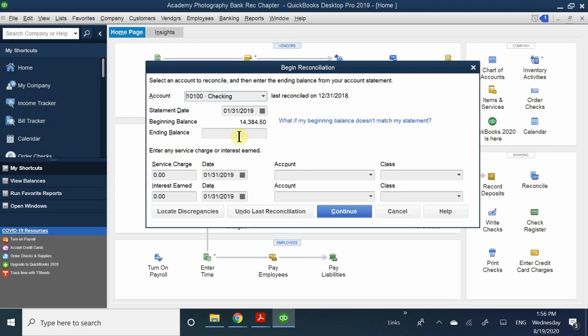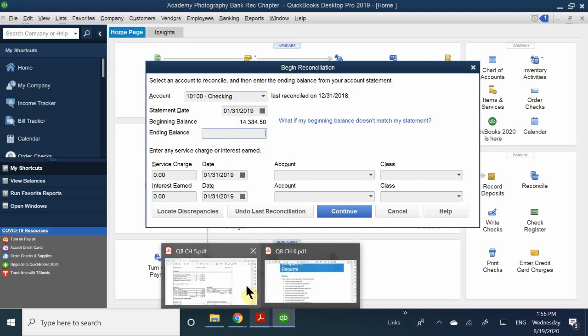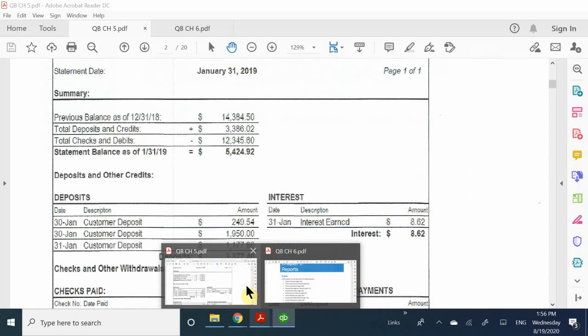Now we need to physically type in, right? Because whatever we have in our QuickBooks is not going to reflect everything that we have in our current bank statement, right? All right. So typically you would type this in here just to ensure. So this is where we're going to take it from our book.